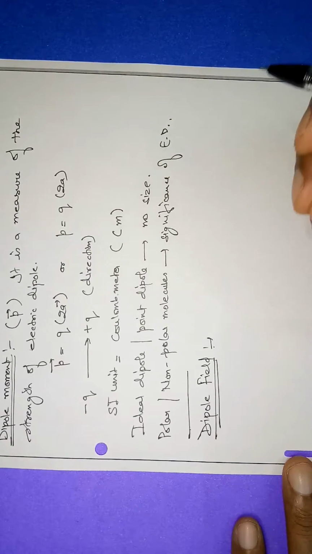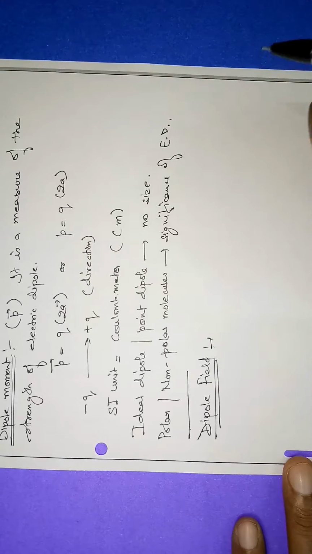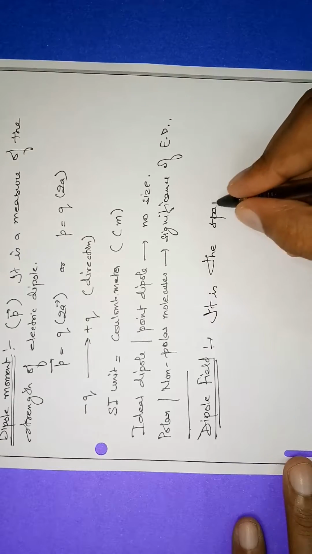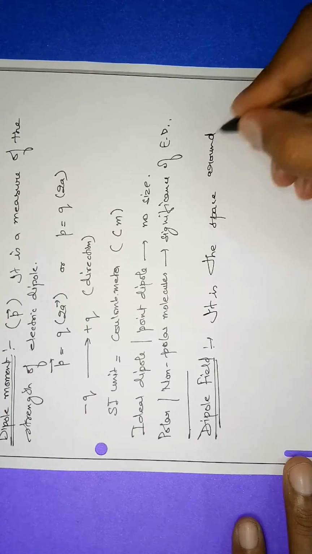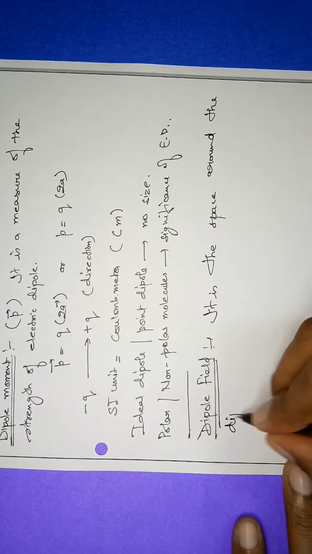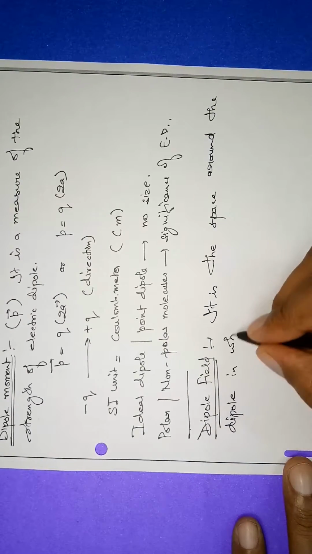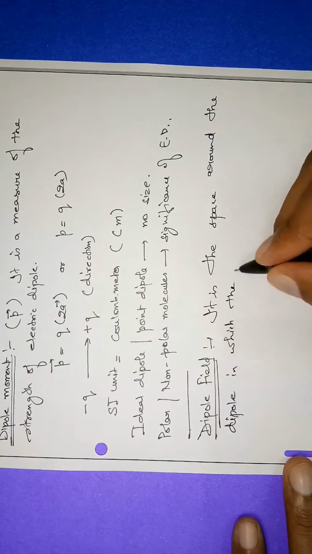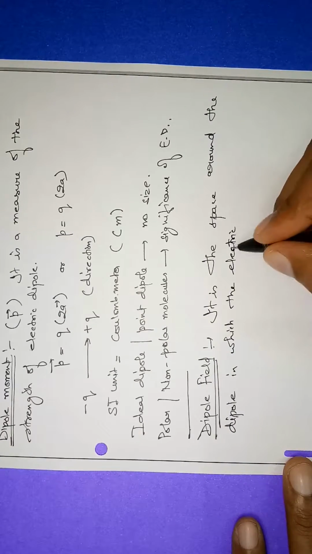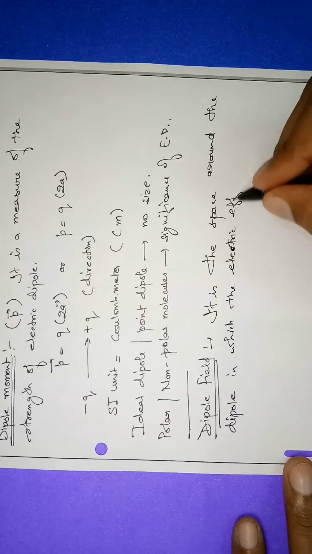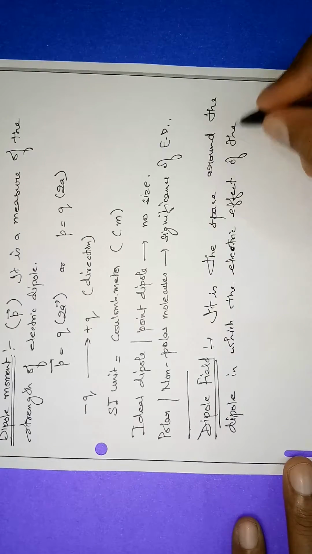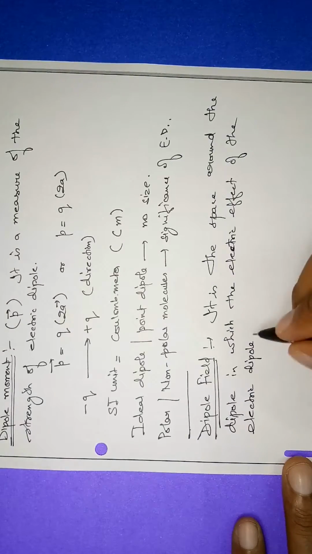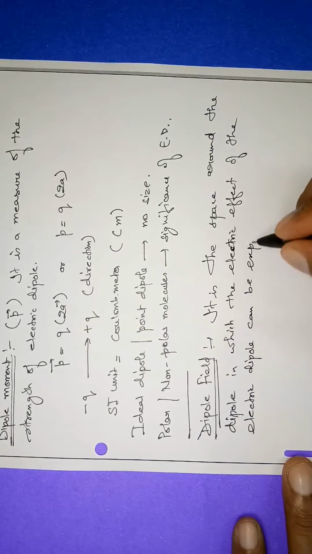Similarly, it is the space around the dipole in which the electric effect of the dipole or the arrangement can be experienced.